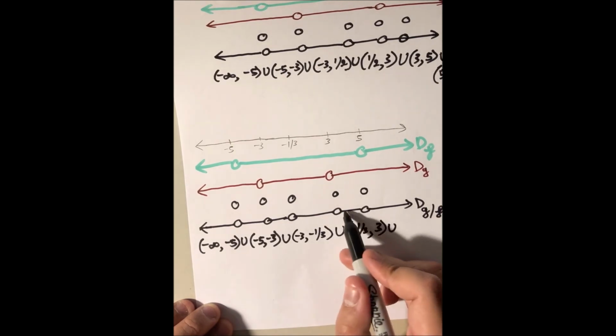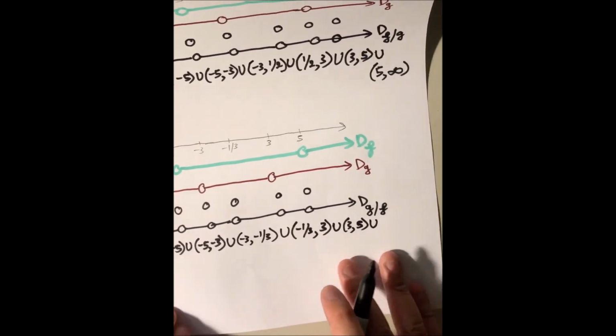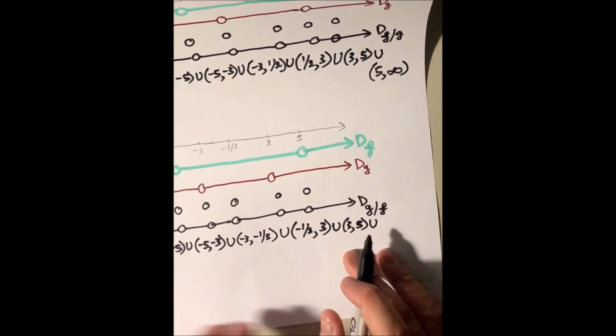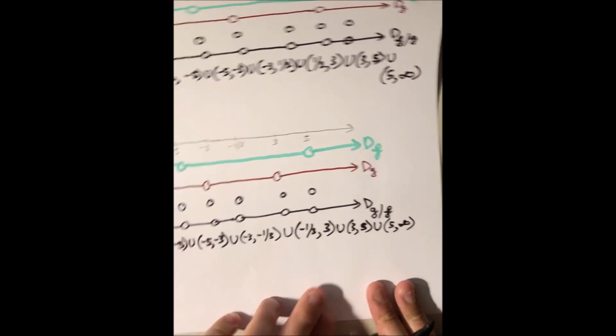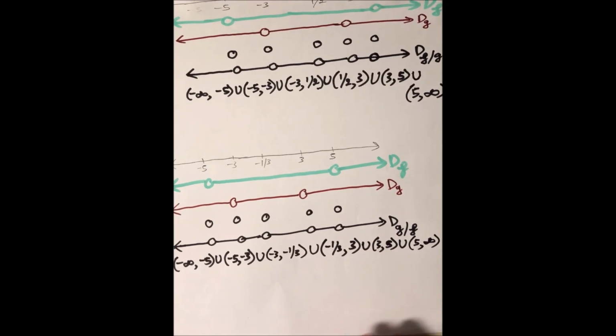Union to go to this part, strictly between 3 and 5. And union to go to this next part, which is from 5, but not including 5, all the way to positive infinity. And that is the interval notation of the domain of g over f.